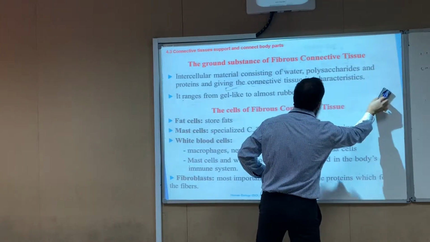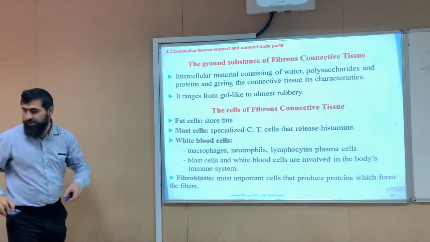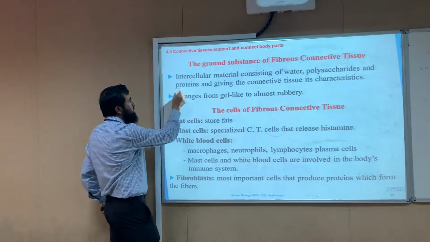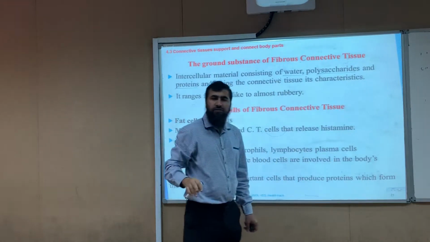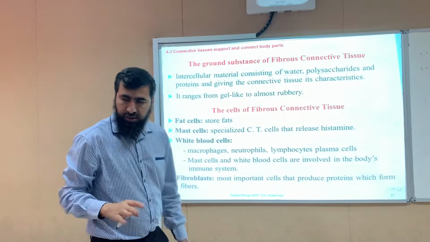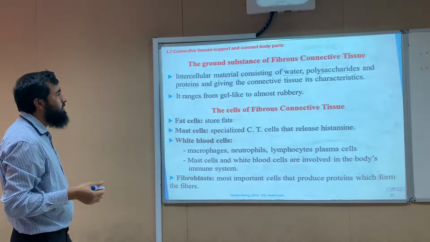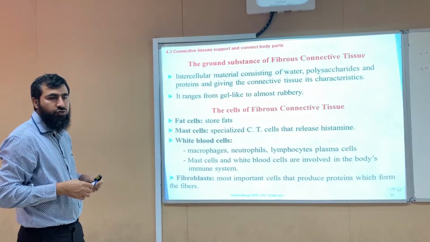As I mentioned, you have the ground substance, which is made up of polysaccharides, water, and proteins, okay? That is everything except the fibers and the cells. That's what we call the ground substance, and it gives the connective tissue its characteristics.